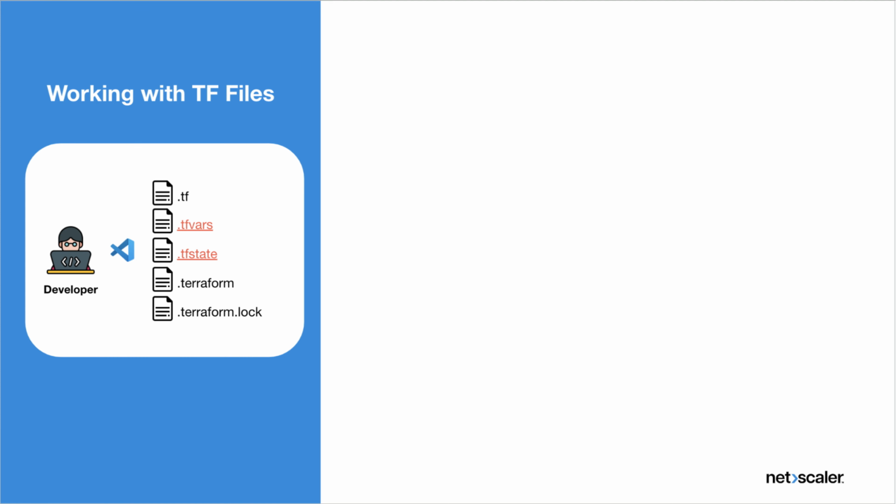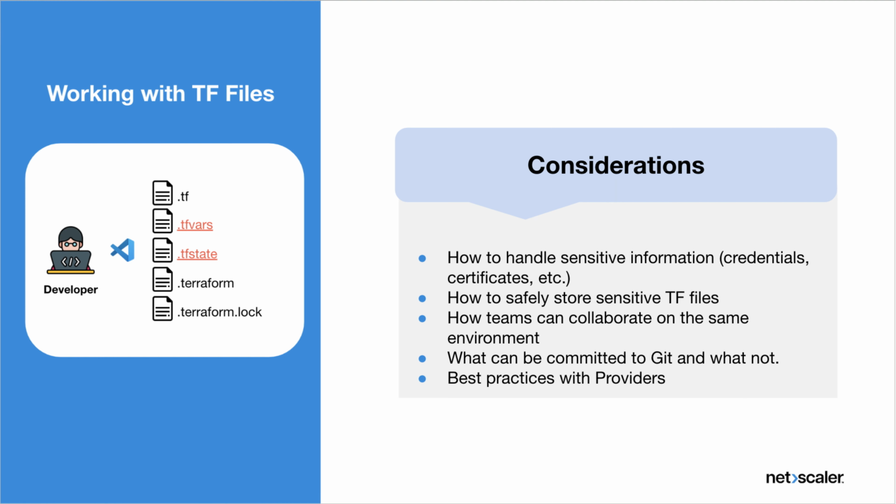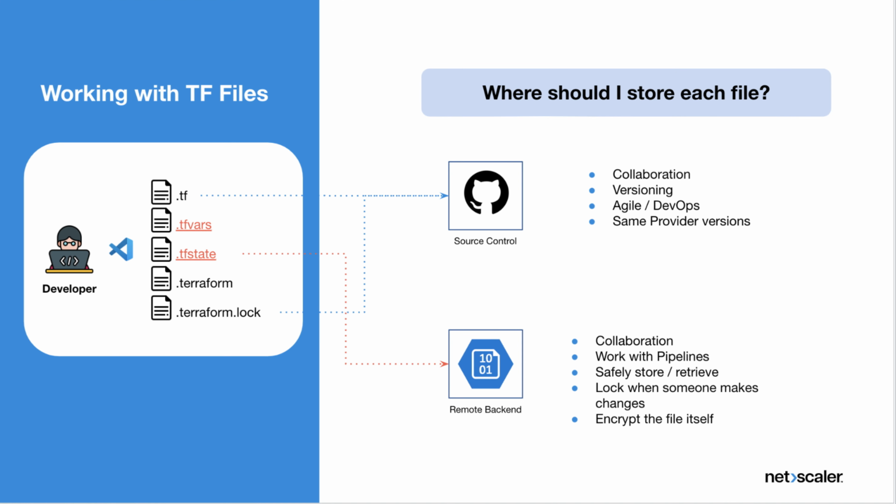So there are some considerations about how you are going to handle the sensitive information contained in these files, how you are going to safely store the sensitive files, how the teams are going to collaborate on the same environment, or what can be committed on Git and what cannot be committed on Git. And then, of course, there are also some best practices that need to be followed with providers. So some considerations and some best practices. And based on these, we have also created the demo that you are going to see in the second part.